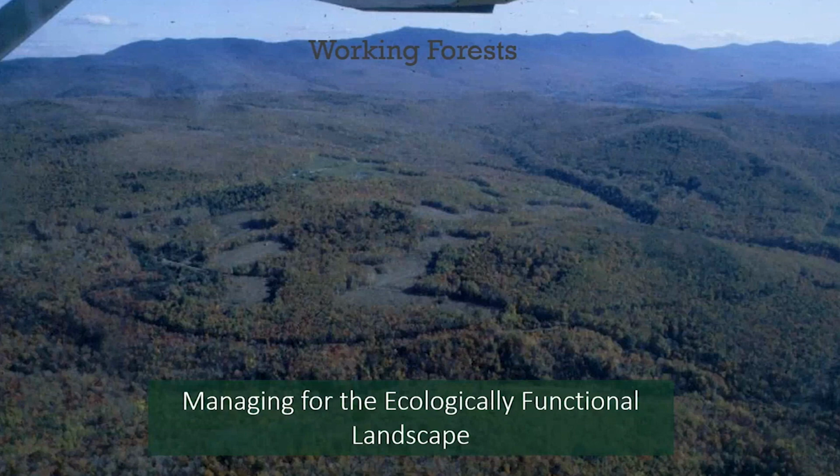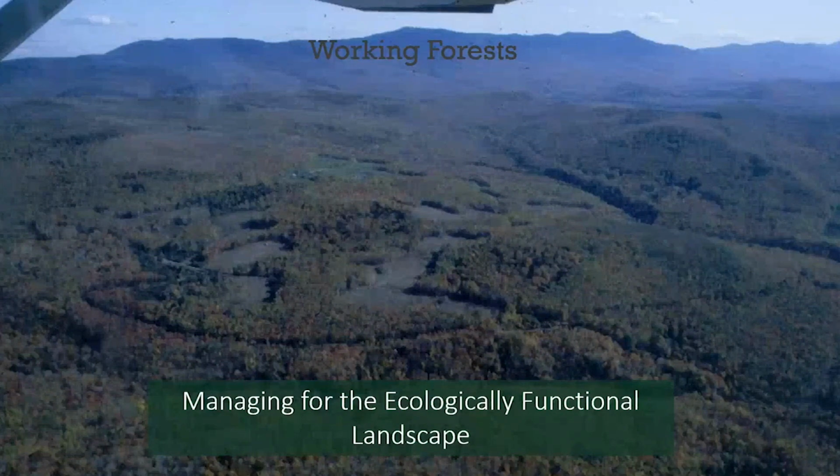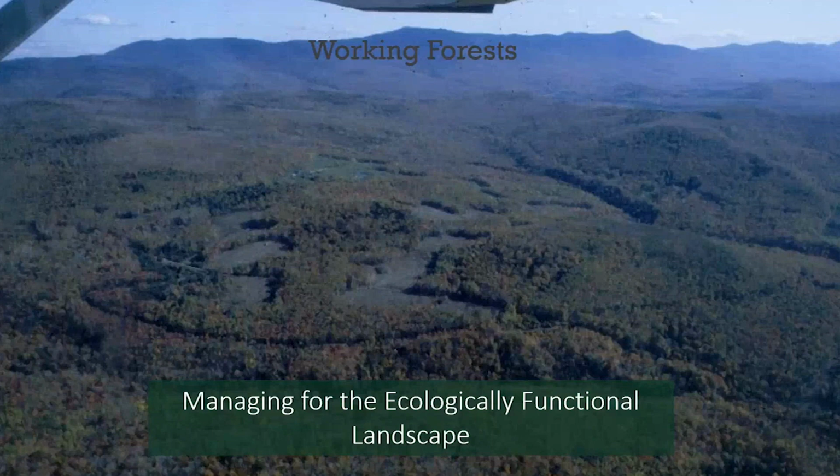In order to collect on the many benefits we get from large forests, we're going to need to be thinking about managing forest land in a very strategic way. And this will include having working forests. But any sort of land use planning decision that we make, we need to be considering what effect it will have on the pattern of forest on our landscape.